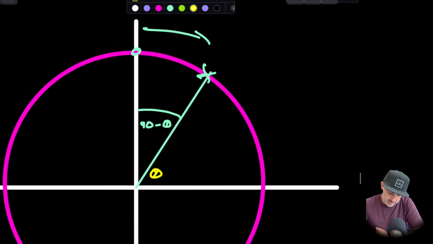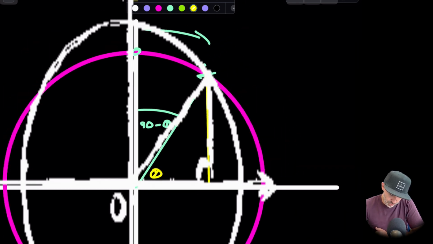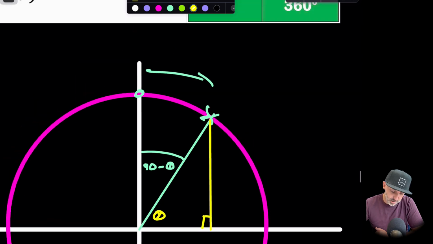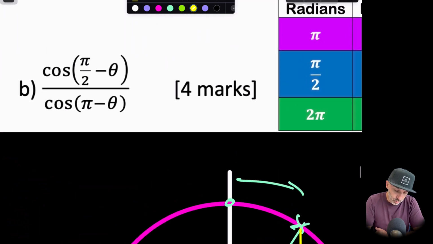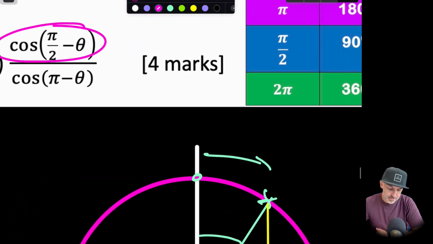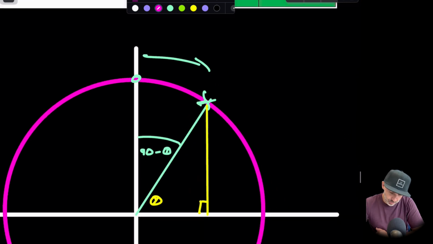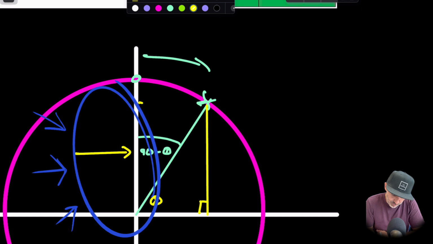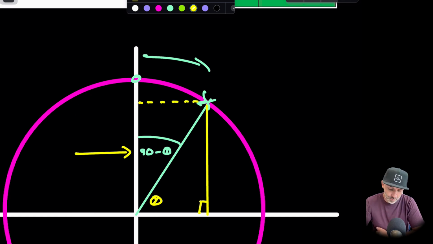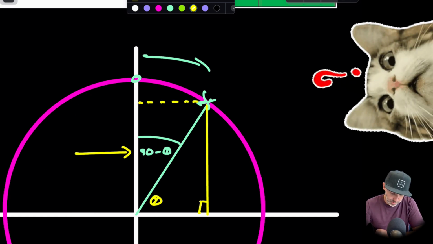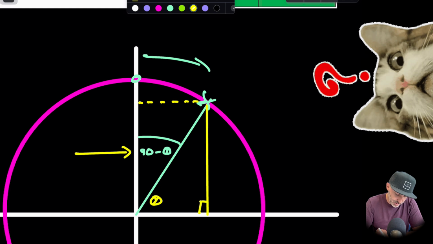So what I'll do is quickly draw the triangle here. If they're asking us to figure out what cos of this angle is, that means the adjacent side. So the adjacent side is this side here. If I draw a dotted line through here, remember, we don't normally draw a triangle on that y-axis, but the adjacent side would be this.